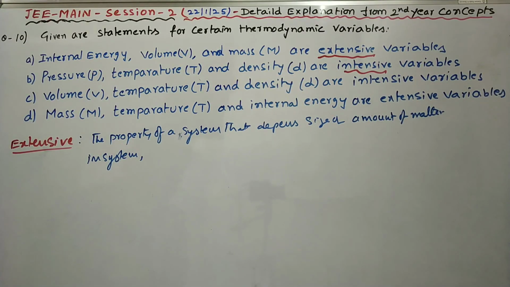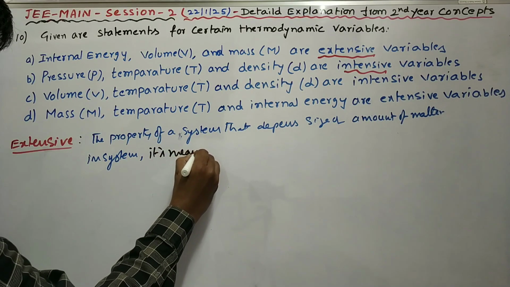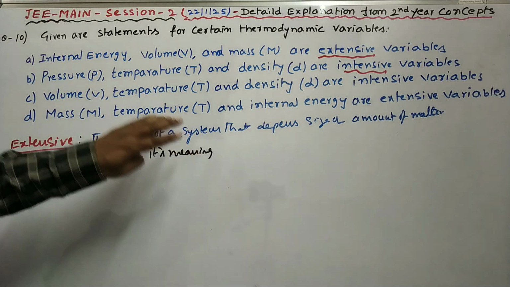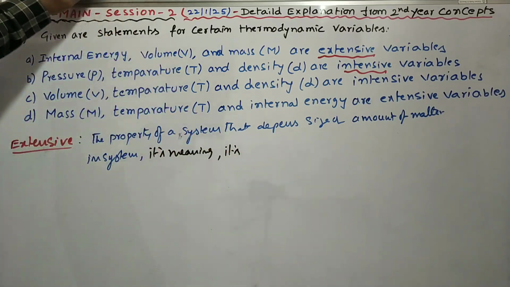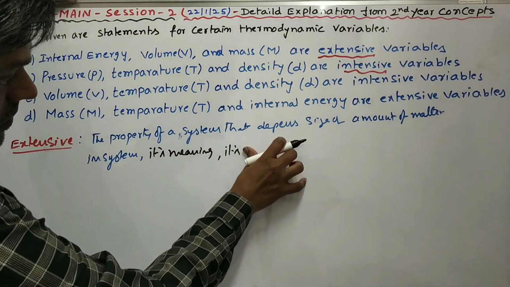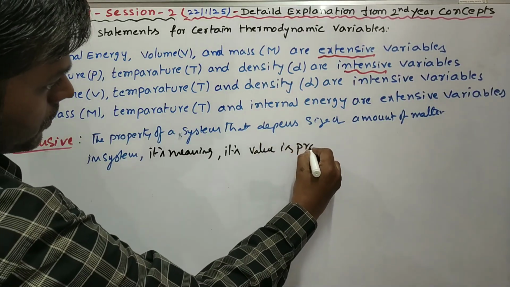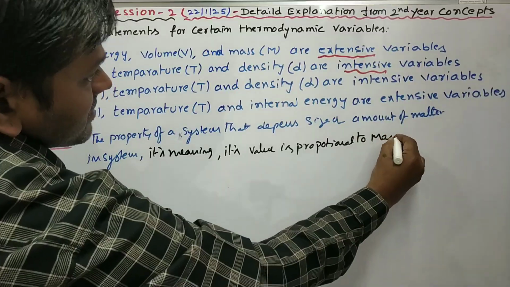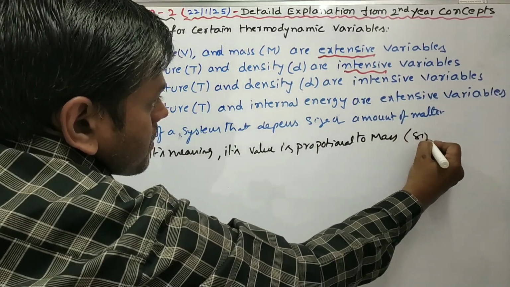Amount of matter in the system means mass. That means its value is proportional to mass, that is, size.